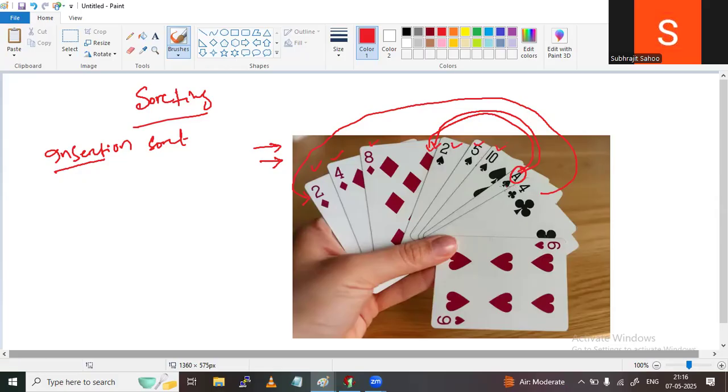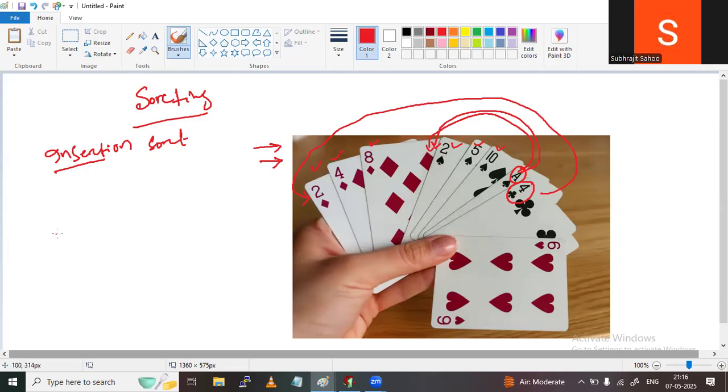So here the playing cards are being sorted based on the requirement, by taking any card and inserting it into a suitable position. This is nothing but the trick of insertion sorting.